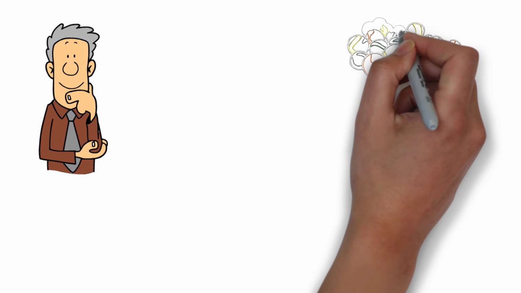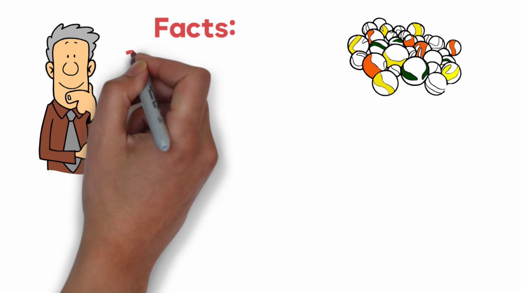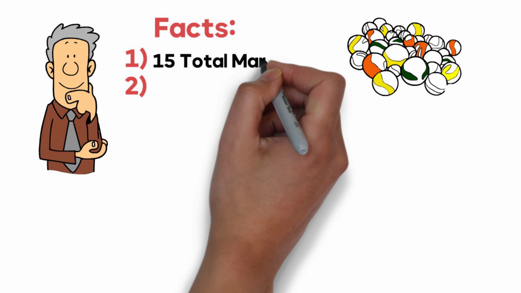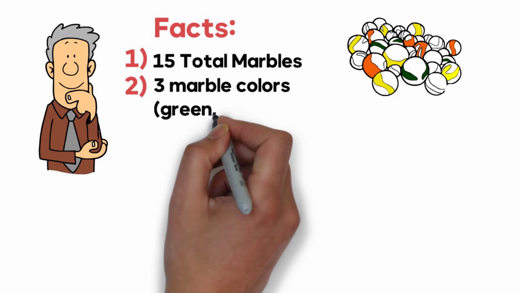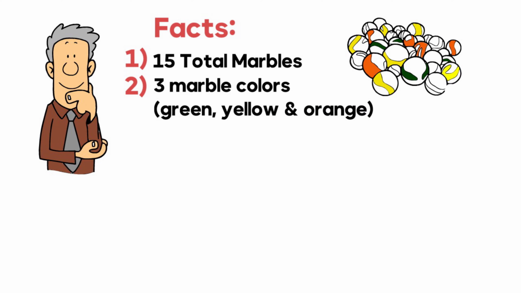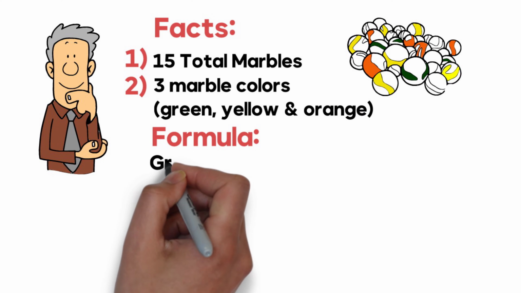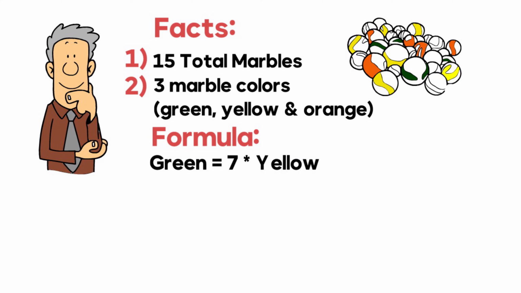To solve this type of problems, let's separate facts from the formulas. We have two facts. We have 15 total marbles, and marbles are of 3 different colors: green, yellow, and orange. And the formula that we are presented with is that there are 7 times more of green marbles than the yellow marbles.